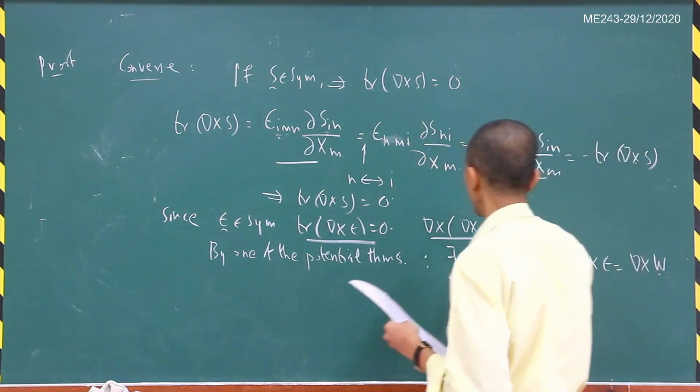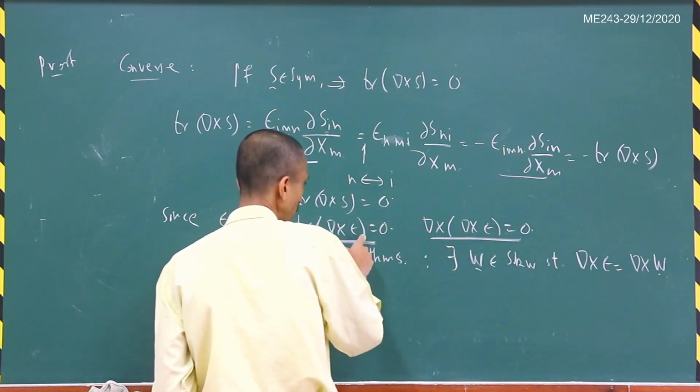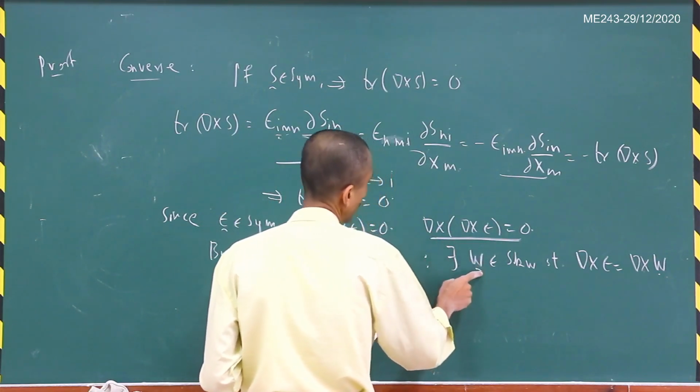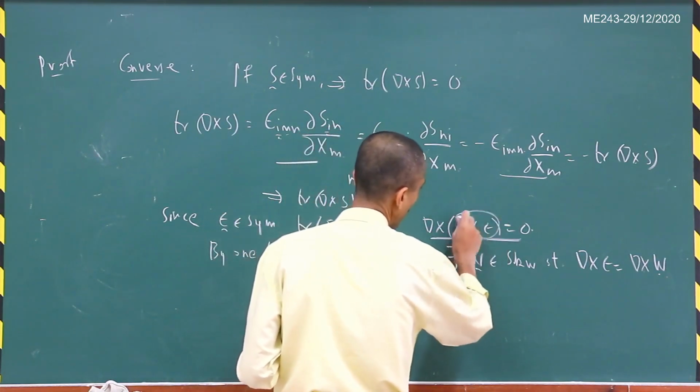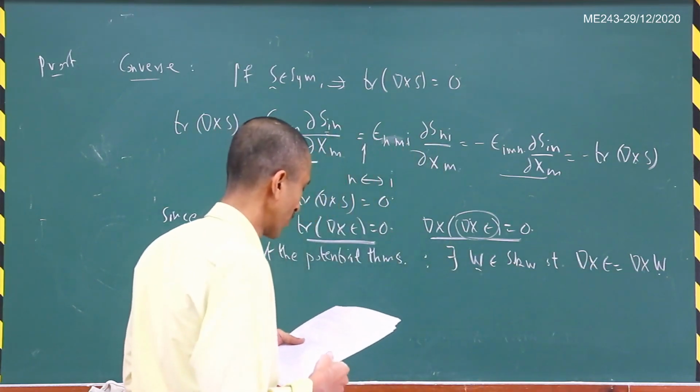So we have shown that if del cross epsilon equal to 0 and the trace of del cross epsilon equal to 0, then there exists a skew symmetric tensor such that del cross epsilon is equal to del cross W.